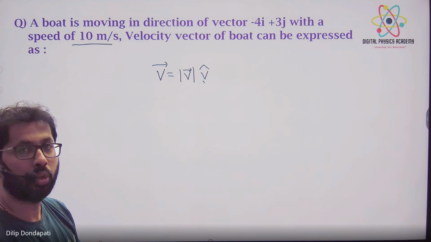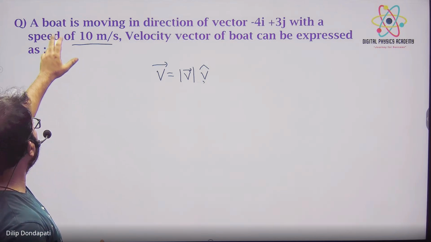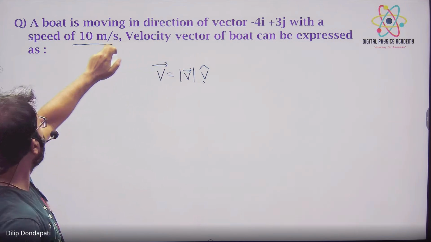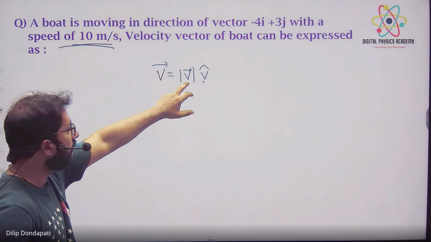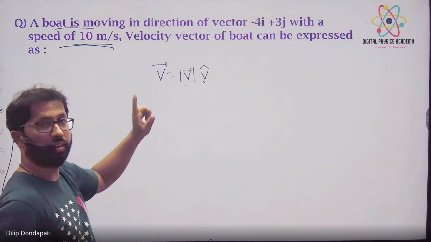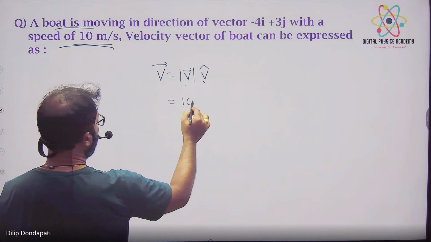Vector has both magnitude and direction. वो बोला, the boat is going in this direction, उस vector का direction में जा रहा है, with the speed, मतलब magnitude is given to you. So magnitude into the direction. कौन सा direction है? उस vector का direction, मतलब unit vector डालने का. So magnitude is 10 into V cap.